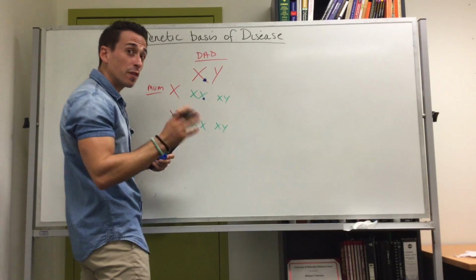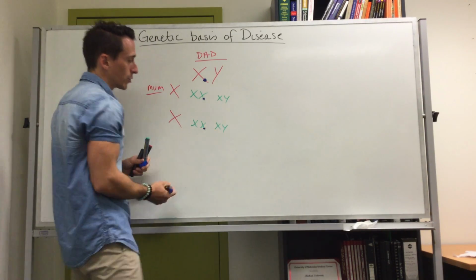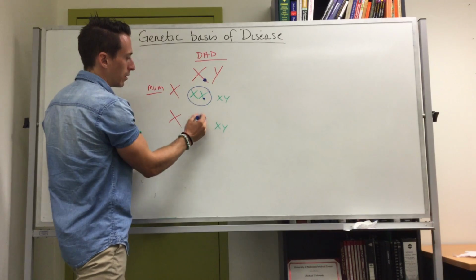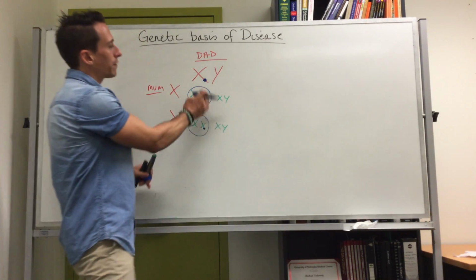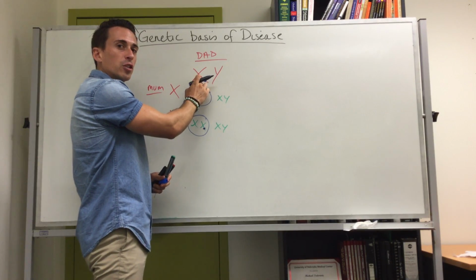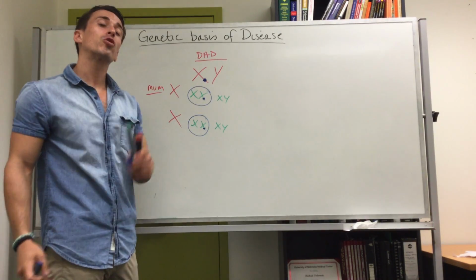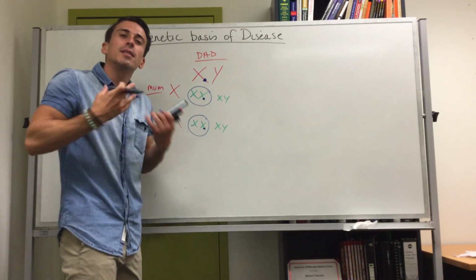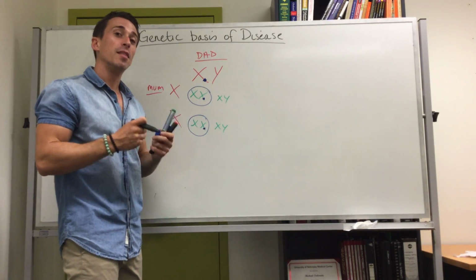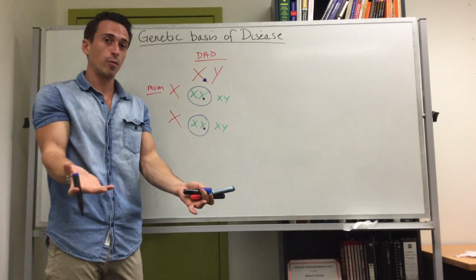Hence why it's approximately a 50-50 chance that you get males and females, because what do we have? Female, female, male, male. So what do we see here? We see that if the father contains a dysfunctional gene on the X chromosome, that X chromosome will always go to the daughters, never the sons. Why is that? Because the sons must get their Y chromosome from dad, because there's no other option.